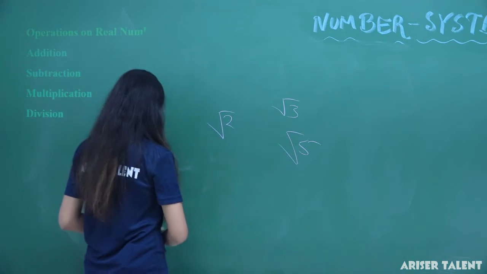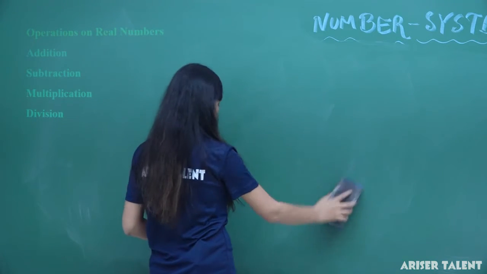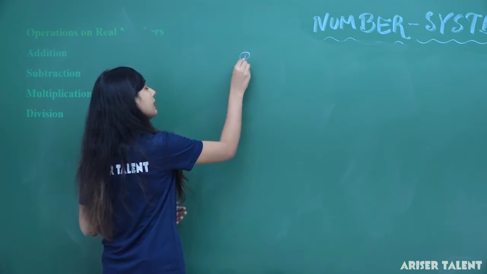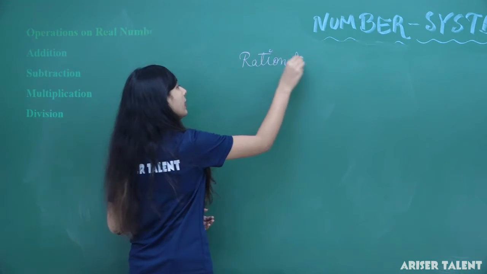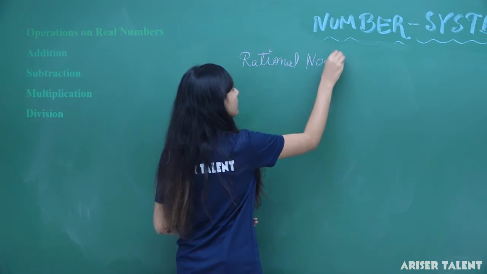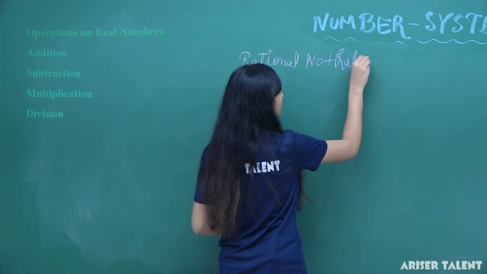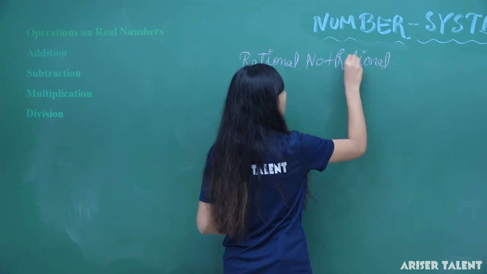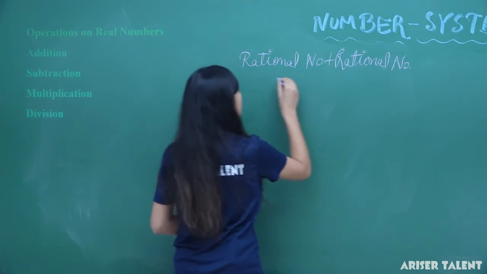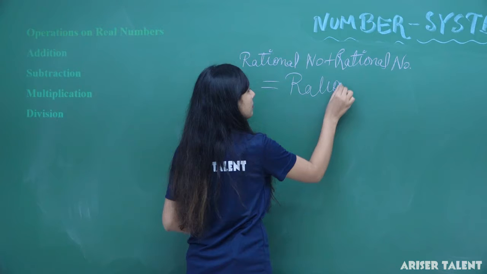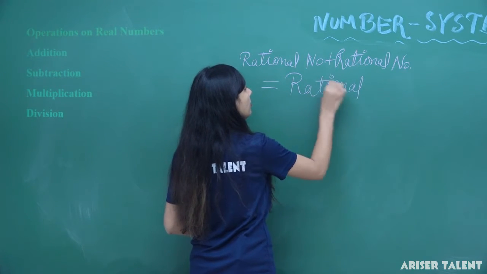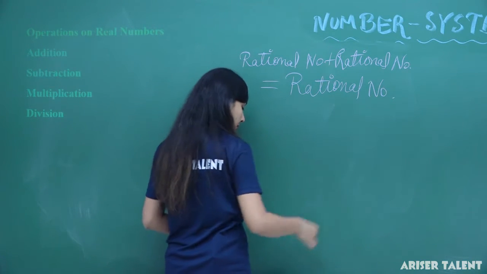Like there will be a rational number, and then you are going to add this to some rational number, then the resultant will be a rational number. Your answer will always be a rational number.